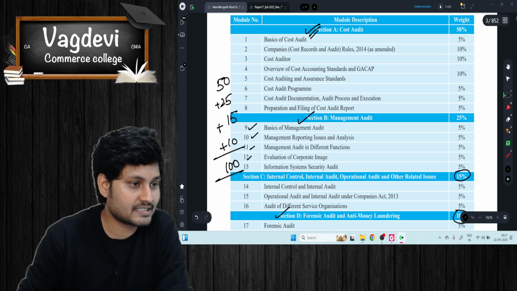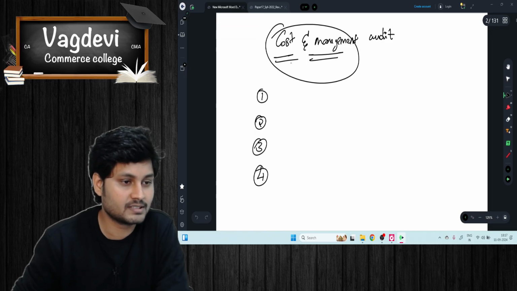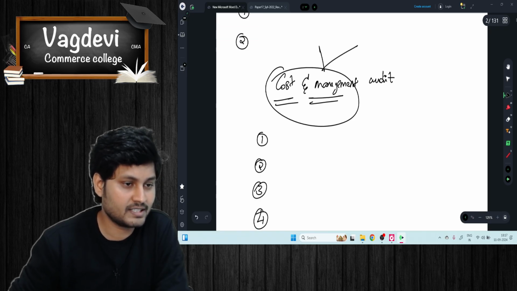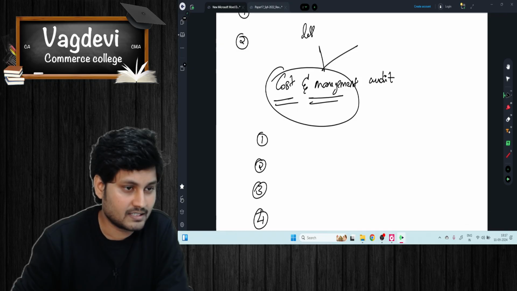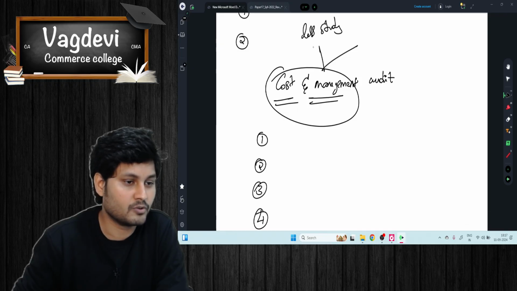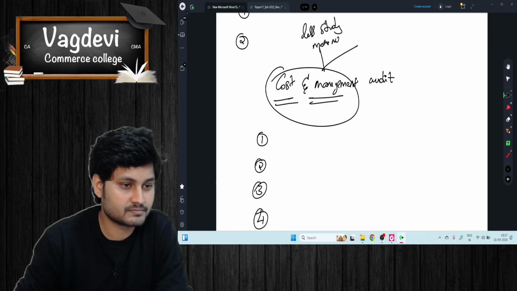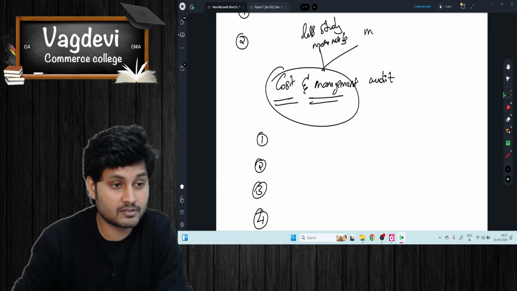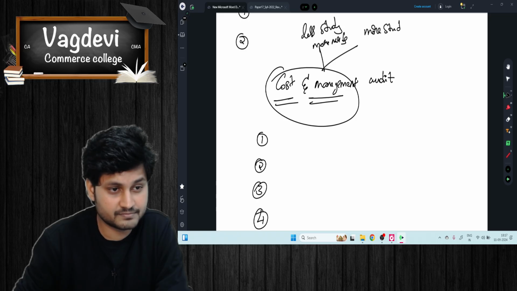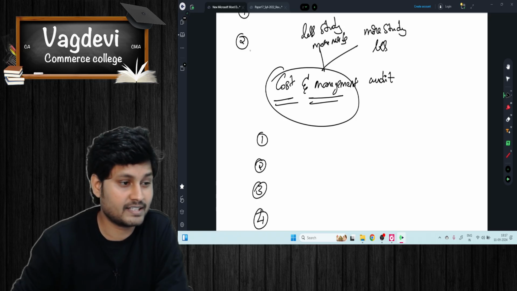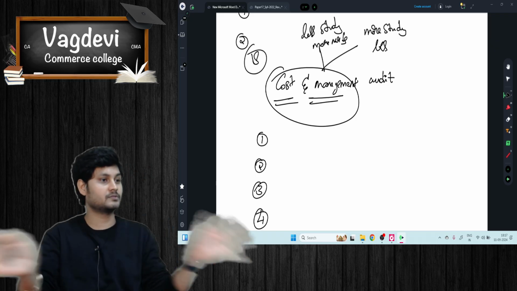So only 2 parts I just divided this entire syllabus. Cost and management audit: one, it is less study, more marks. Second one is more study, less marks. So the entire 18 modules got divided into 2 aspects.